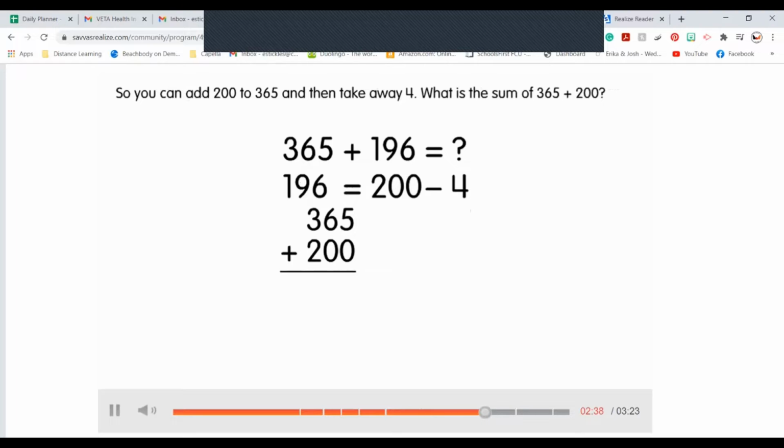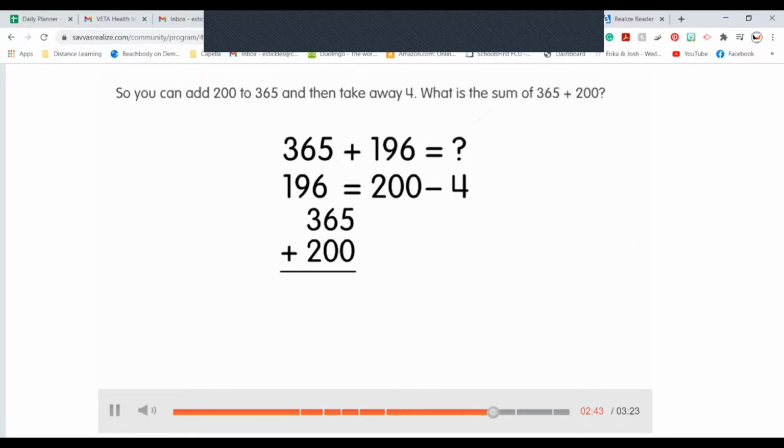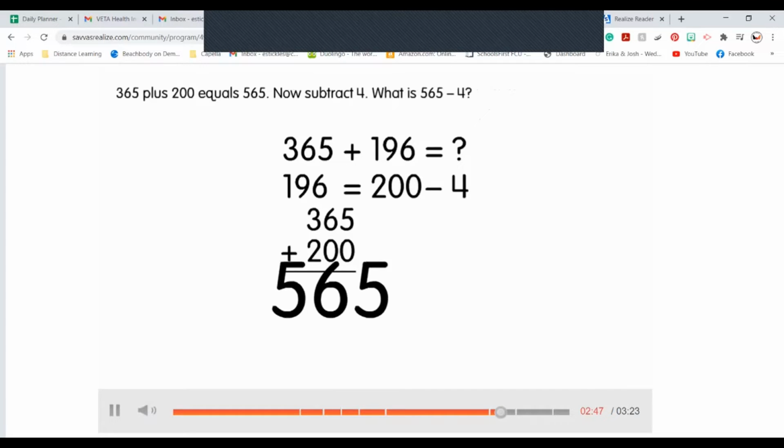What is the sum of 365 plus 200? Well, I know 3 plus 2 is 5, so 365 plus 200 would be 565.